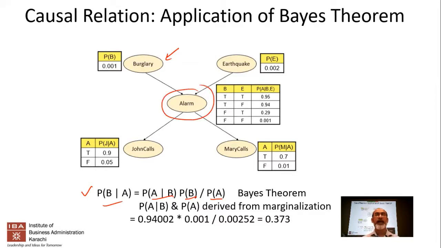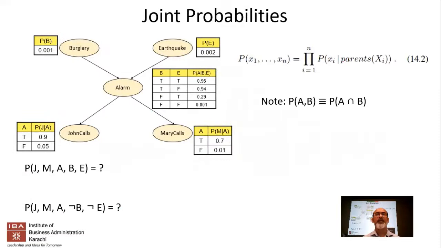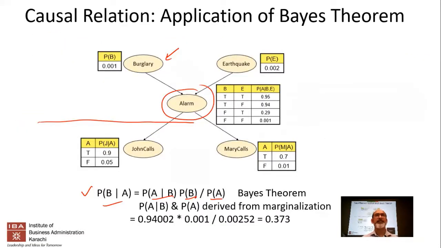Okay, so we've combined a few concepts so far. We've combined the concept of marginalization and Bayes' theorem to be able to solve a causal relationship. And so far we've gotten to the top part. We haven't looked at something further down. Now, this is done.